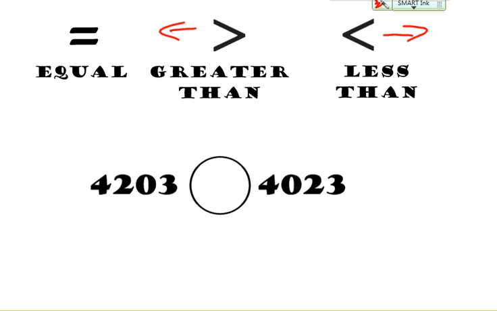As we look at these, we want to start at the highest place value. We see ones, tens, hundreds, thousands. Both are thousands, so we're going to start at the thousands place value and compare them. They're both 4. Since we went to our highest place value and they're the same, now we have to go down 1 place value. Here's the hundreds place value: we have a 2, and in the hundreds place value here, we have a 0.